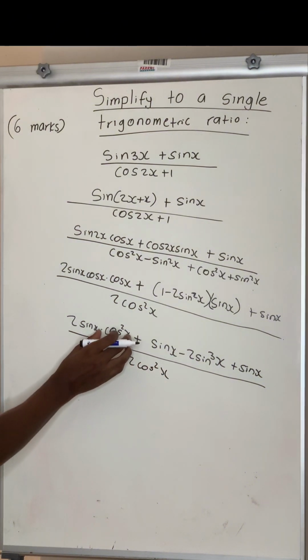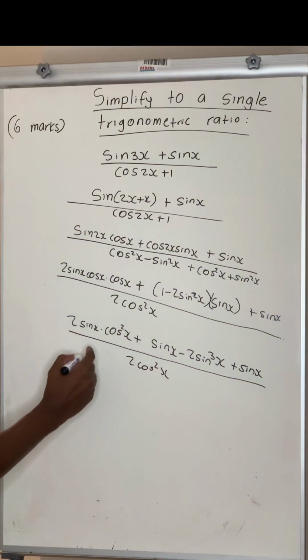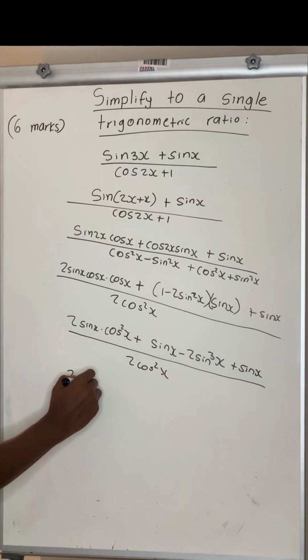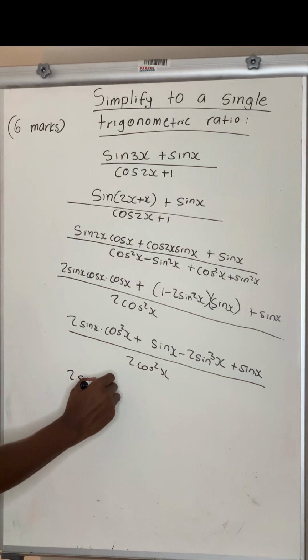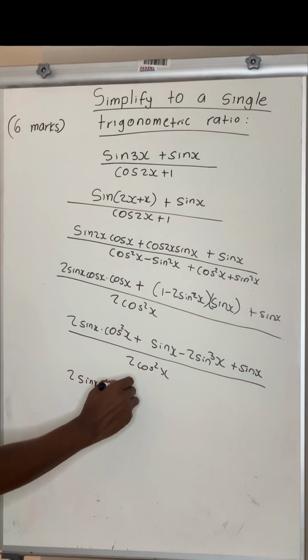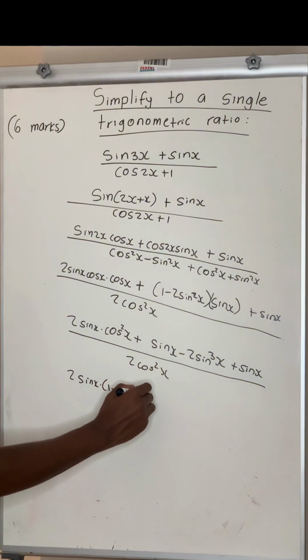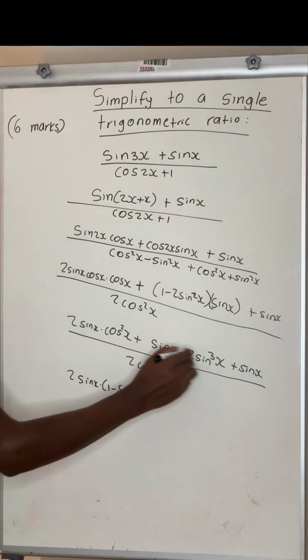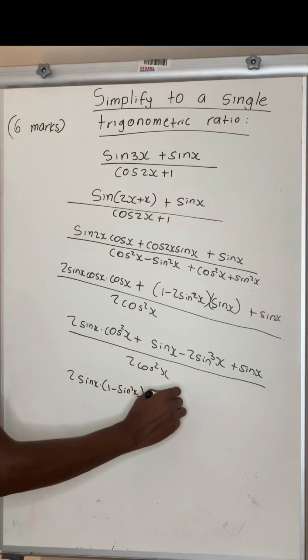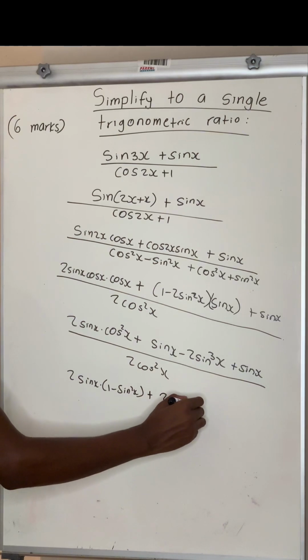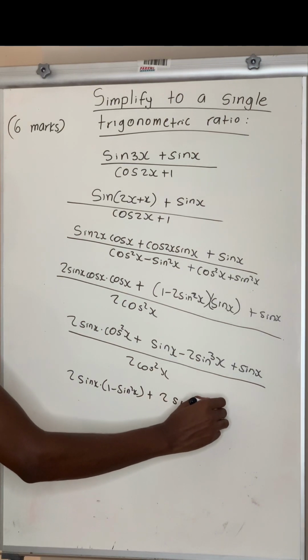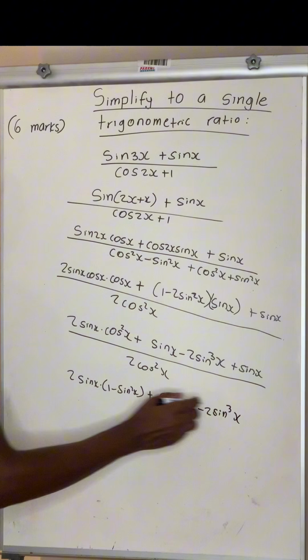And then from here, let's change this cos squared x to its identity. So 2 sine x times 1 minus sine squared x plus sine x plus sine x, that is 2 sine x, and then minus 2 sine cubed x.